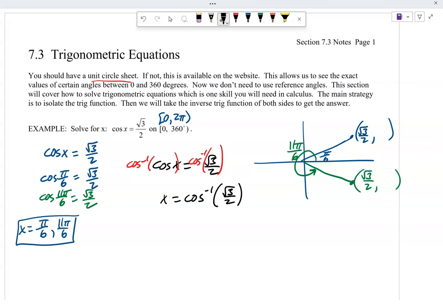Well, this will just spit out our pi 6. That's because the original cosine was restricted. When we restricted the original cosine, we restricted it between 0 and pi, so it's only going to give us solutions between 0 and pi. It's not going to give us the 11 pi sixths as well. So that's the problem with going this route. That's why I don't like to go that way.